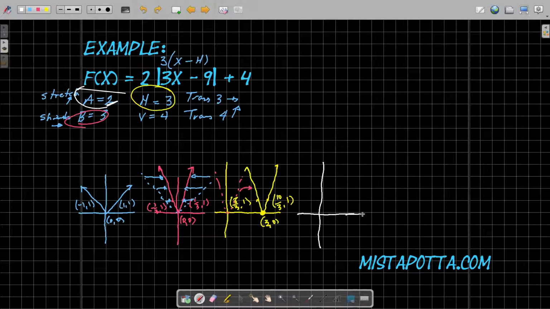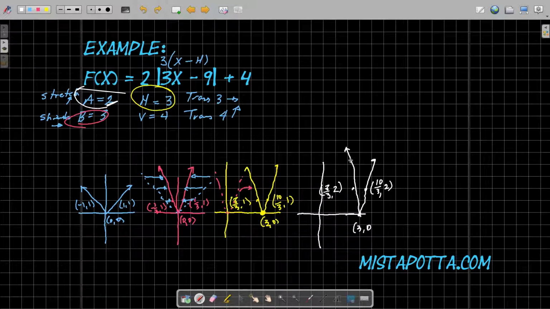My vertex is still going to be at the point 3, 0. But this point that was at 1 is now up here at 2. So it's 10/3, 2. Similarly, this is going to be at 8/3, 2. And so my absolute value actually looks a lot more stretched out.